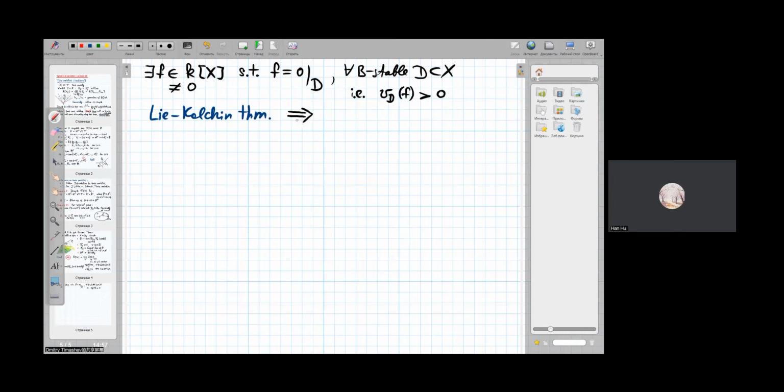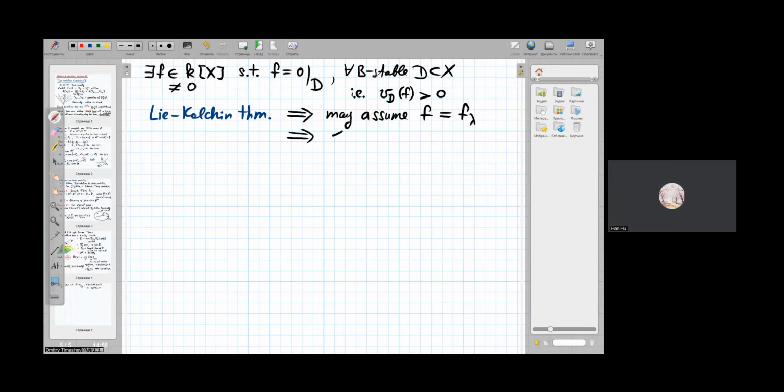So we may assume that this regular function f is semi-invariant. It is a B-semi-invariant function corresponding to some eigenweight λ in the weight lattice. And now these inequalities can be rewritten in terms of pairings of the weight λ with all these vectors v_D bars.